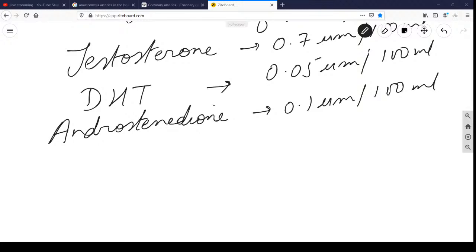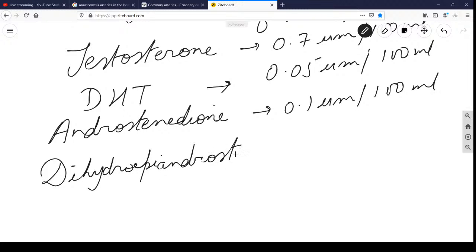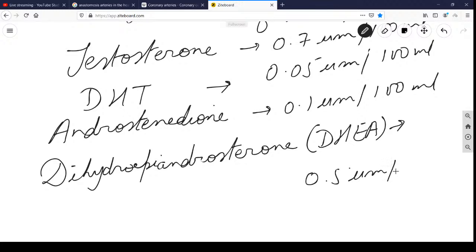And one more is dihydroepiandrosterone, known as DHEA. Its concentration is 0.5 micrograms per 100 ml.